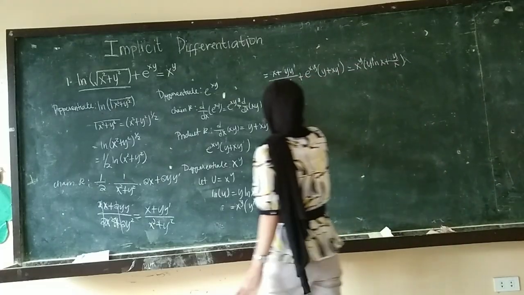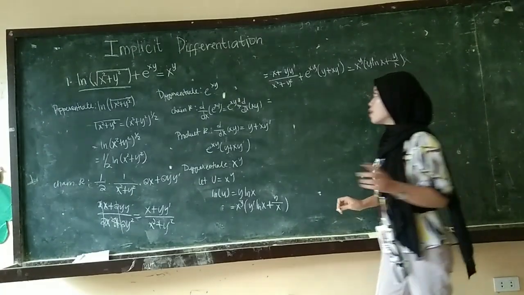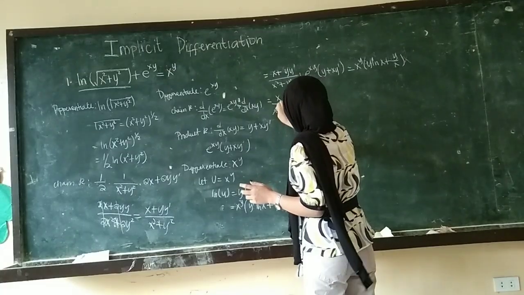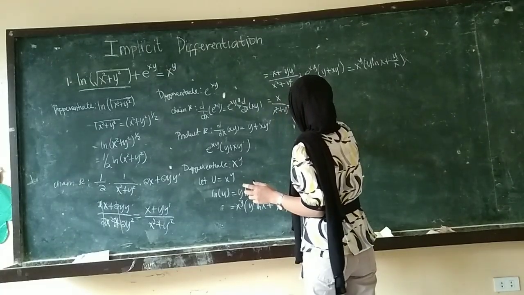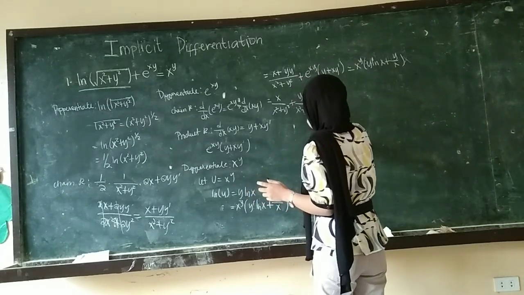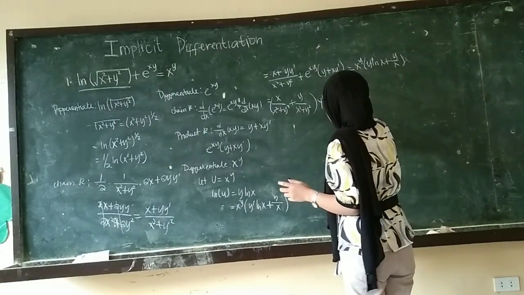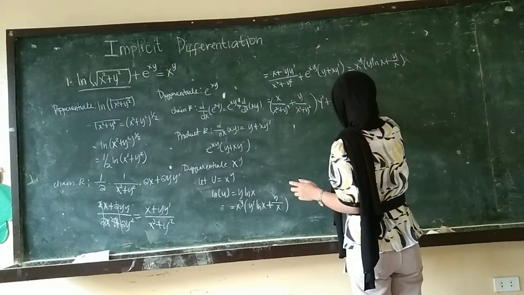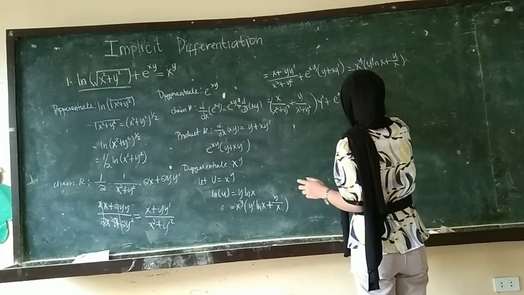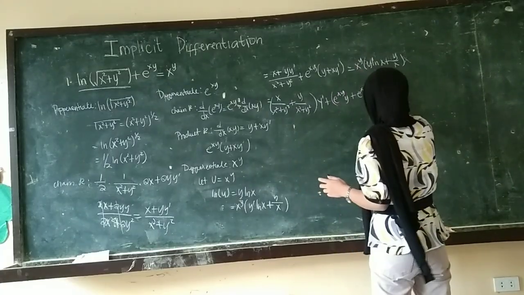The next step is we are going to group the y prime terms. So that will be x over x squared plus y squared, plus y over x squared plus y squared multiplied by y prime, then plus e raised to the power of xy multiplied by y, plus e raised to the power of xy multiplied by x then multiplied by y prime.